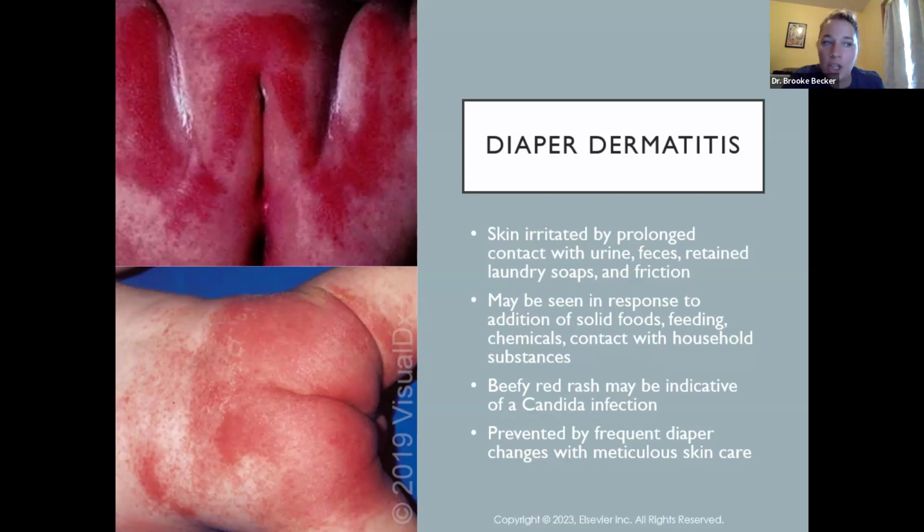So frequent diaper changes, and these kids are going to need a barrier skin cream with every single diaper change. So, you know, a zinc-based diaper cream, but also if they have a candida infection, they're going to need antifungal cream as well.